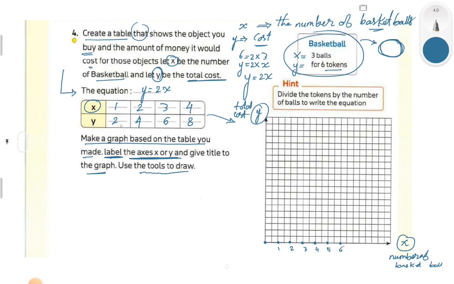Here for y I need 2 4 6 8. So here we have 0 1 2 3 4 5 6 7 8 9. I can write it in ascending order like that.